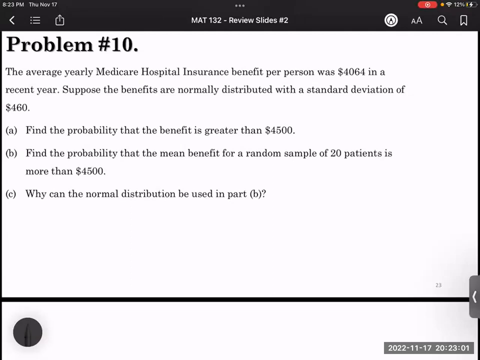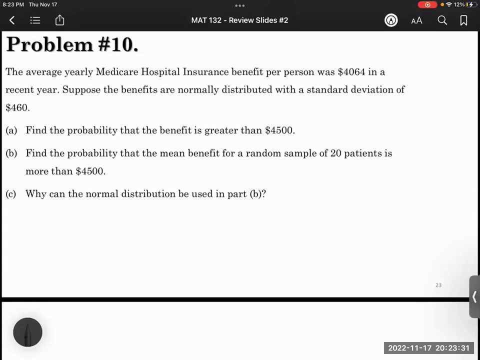Suppose that the benefits are normally distributed with a standard deviation of $460. Part A: find the probability that the benefit is greater than 4,500. Part B: find the probability that the mean benefit for a random sample of 20 patients is more than 4,500. And part C states, why can a normal distribution be used in part B?